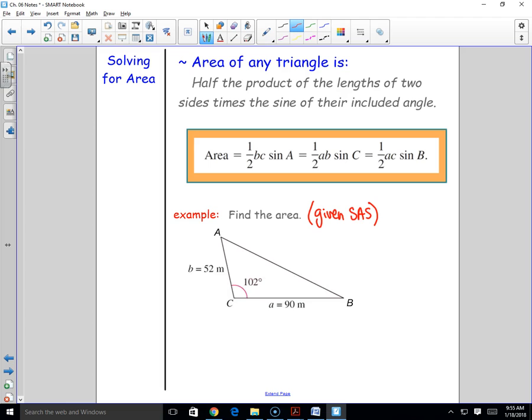So if you're given side, angle, side, all I have to do for area, as you're writing the formula, is just take 1/2 of the side times the side times sine of the included angle. And it's as easy as that. Plug and chug and you're done.